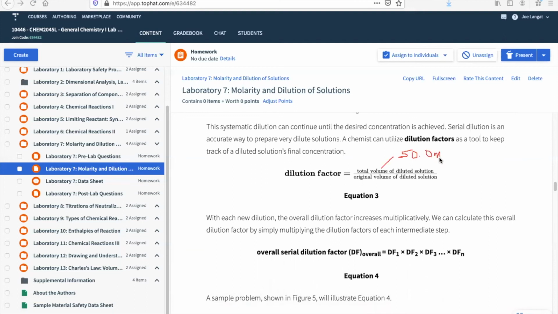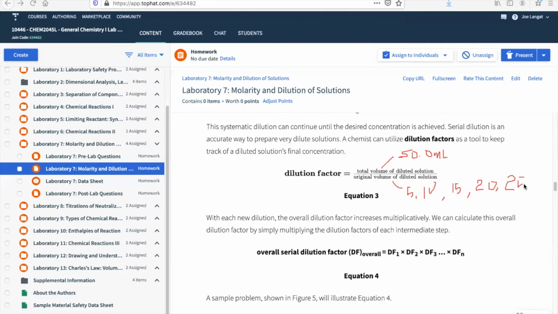Remember, each solution was diluted to 50 mL, 50 mL, 50 mL, 50 mL. But the original was 5, 10, 15, 20, and lastly 25.